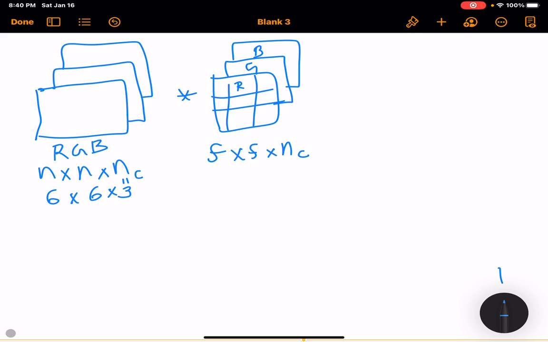And suppose my filter size is 3. So I have 3 cross 3 cross number of channels, which is again 3. So in that case, my output image would be n minus f plus 1, under the assumption that there is no padding and a stride of 1.